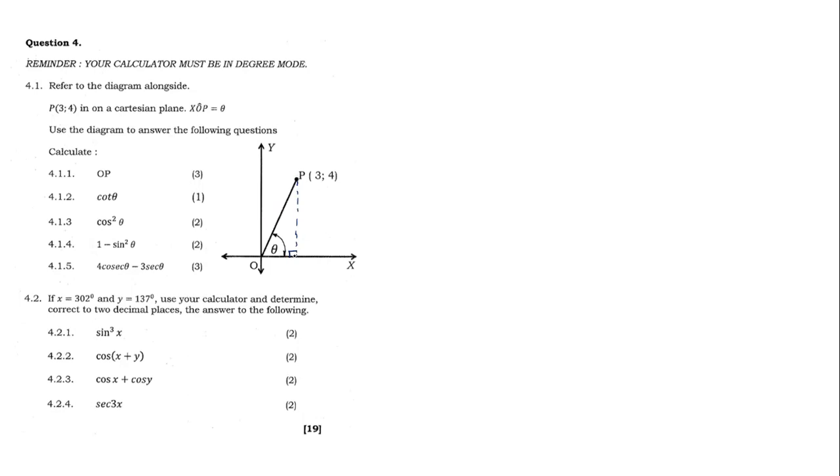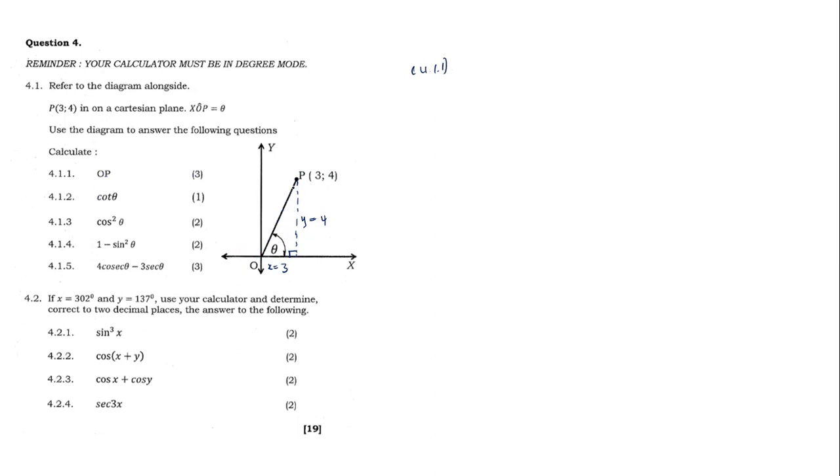So this line, its y value, is equal to 4. And this line, which is parallel to the x-axis, is x, which is equal to 3. And P is (3, 4).